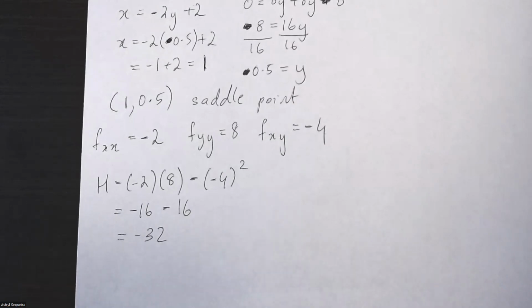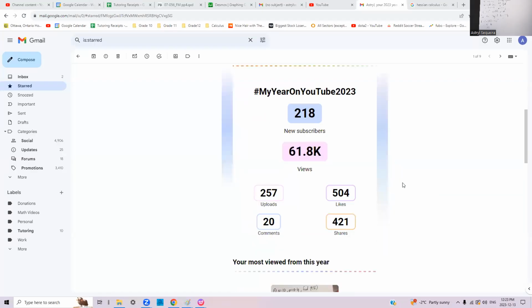Now, before I end this video, I'm going to quickly talk about something else. So I'm going to share my screen here. And in 2023, I just got this recently on YouTube, I uploaded 257 videos and I only got 218 new subscribers, which obviously I'm grateful for.